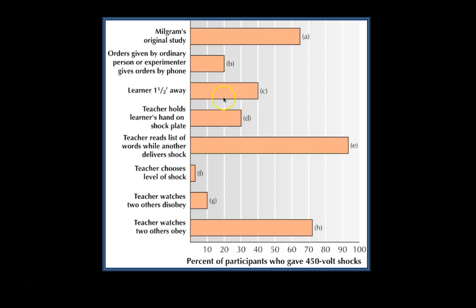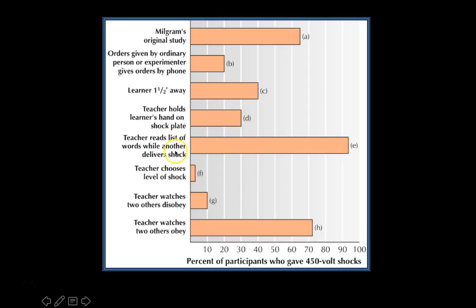In one study, Milgram had them actually hold the learner's hand onto a shock plate to enforce the shock. That reduced it more, but we still get 30% full obedience.